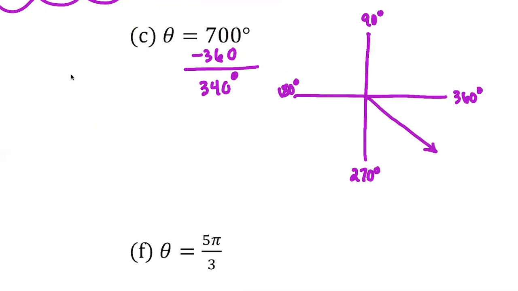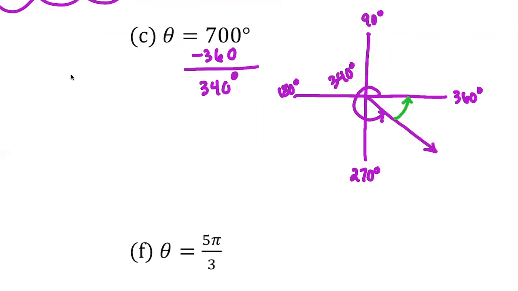Now, 340 isn't my reference angle, because that goes from 0 all the way around my circle to this angle right here. The reference angle is the angle that's formed between our angle and the x-axis.